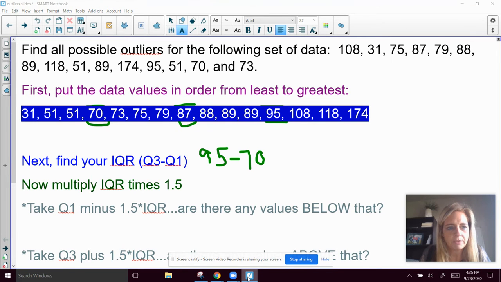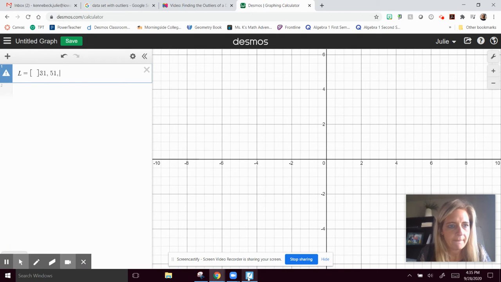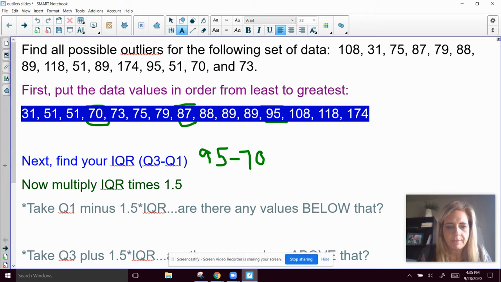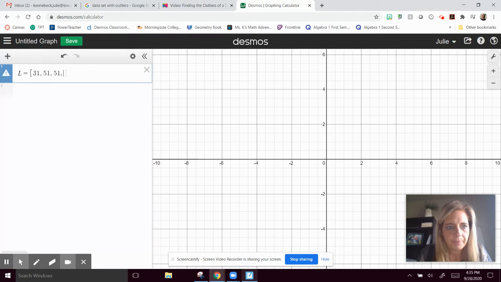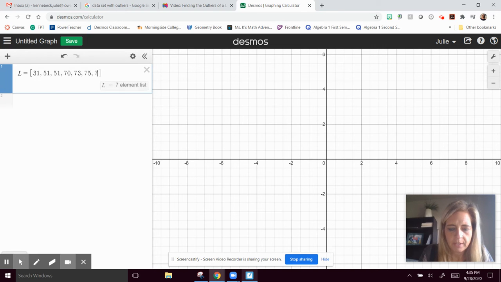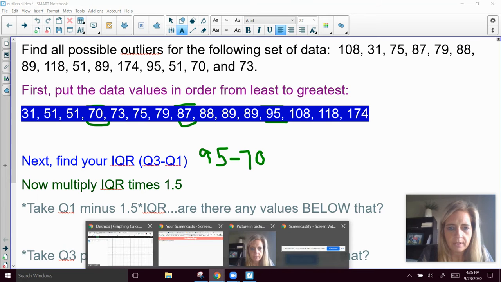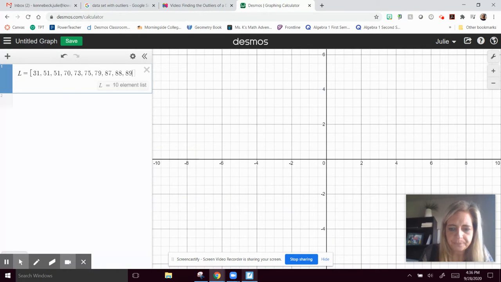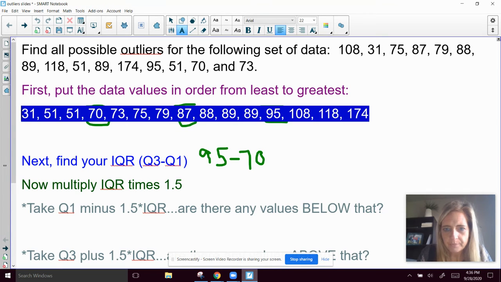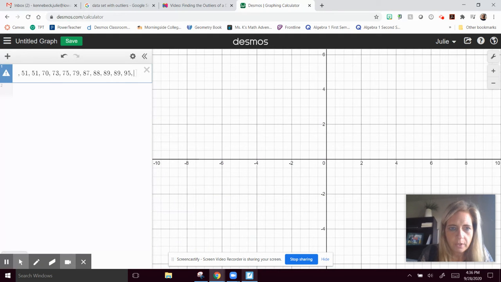All right, I guess I'll type it in. 31, 51, 51, 70, 73, 75, 87, 88, 89, 89, 95, 118, 174, 74. Close my bracket.